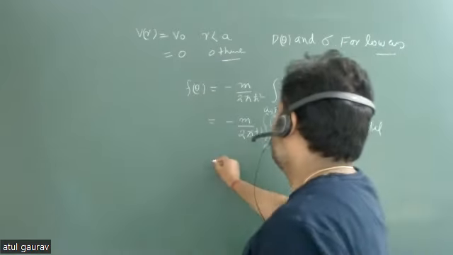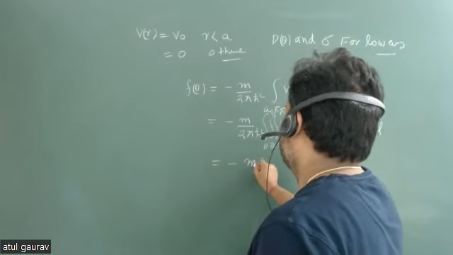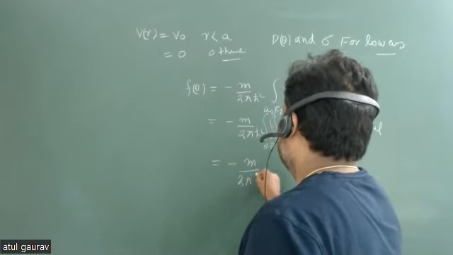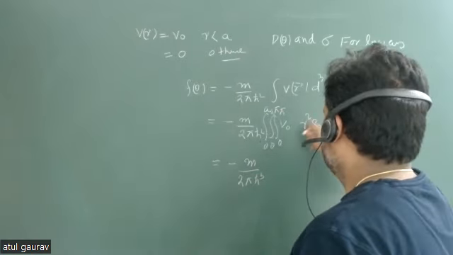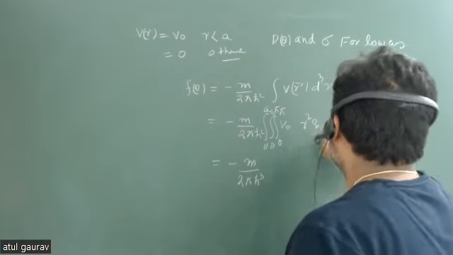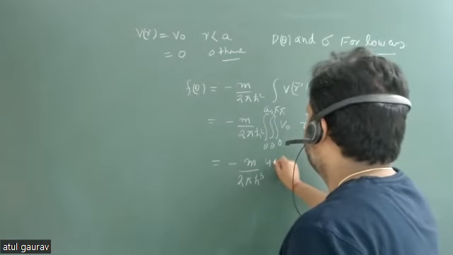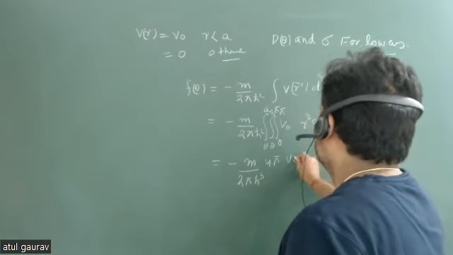So you have this particular value, minus m over 2 pi h cube, and you can easily see that sin theta d theta d phi integrates to 4 pi, and V naught will be outside.